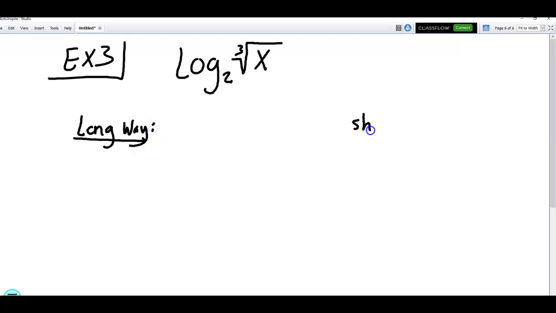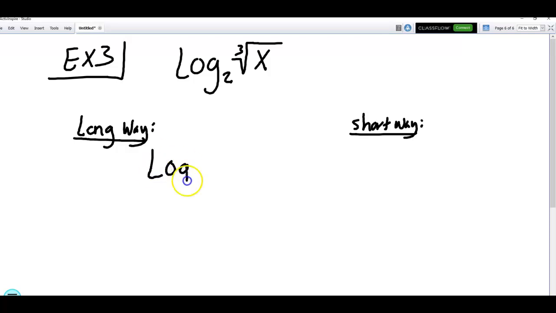And you might say, why don't you show us the short way? Because you know that's what we're going to use, Mr. Bailey. Well, I'm a math teacher. And the short way doesn't make sense, but it is faster. The long way makes sense, and it's why the short way works. So I'm going to teach you why the short way works, but then after that, we're just going to use the short way, okay? So here we go.